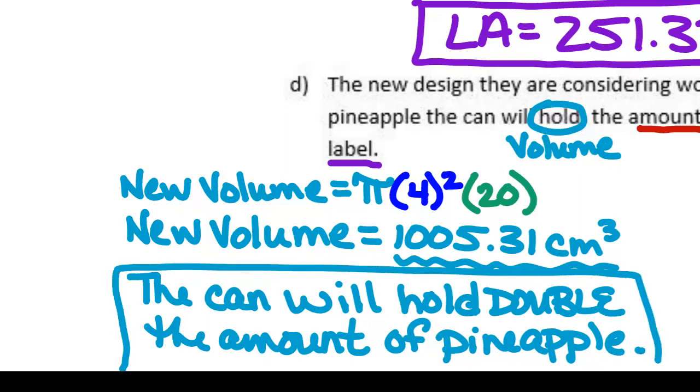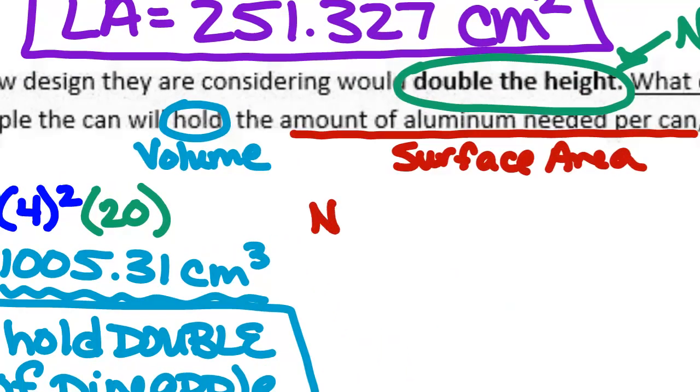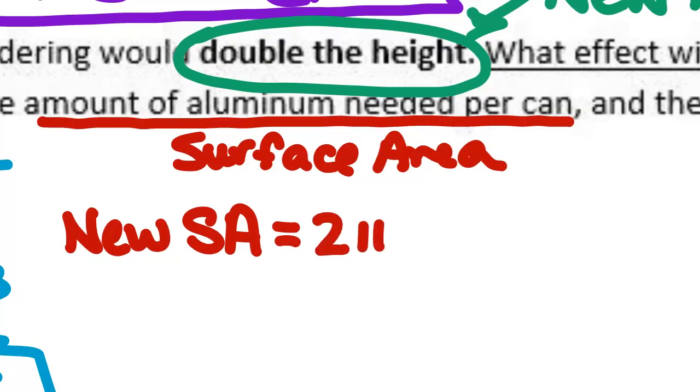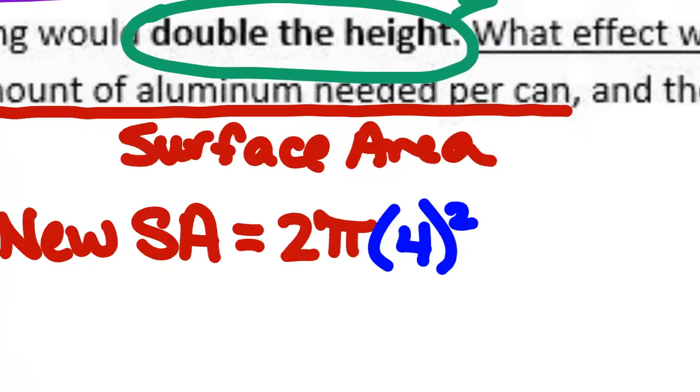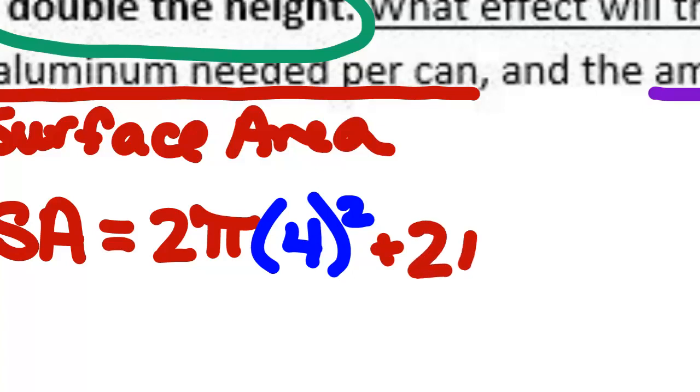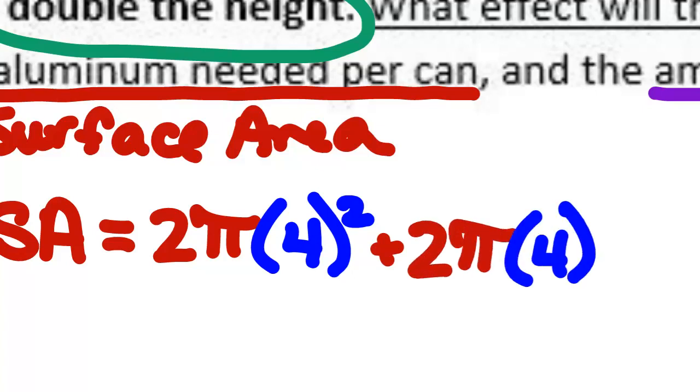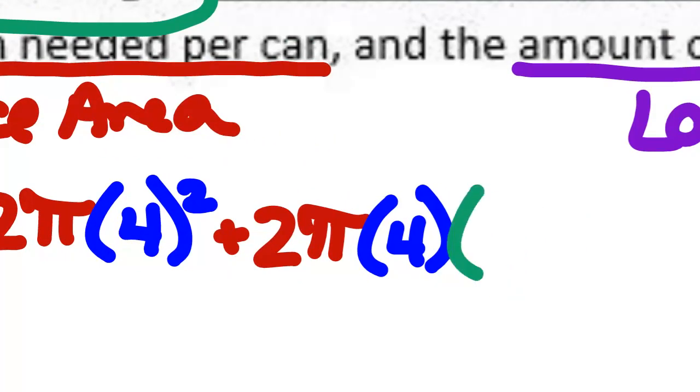All right, let's look at the aluminum now. So, new surface area, 2 pi r squared. My radius stays the same, so it's still 2 pi times 4 squared, plus 2 pi times my radius of 4 times my new height of 20.